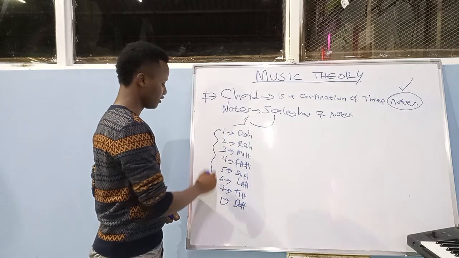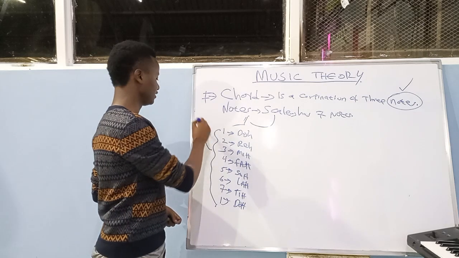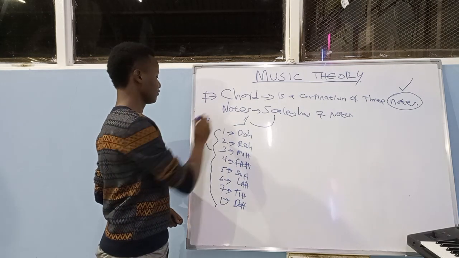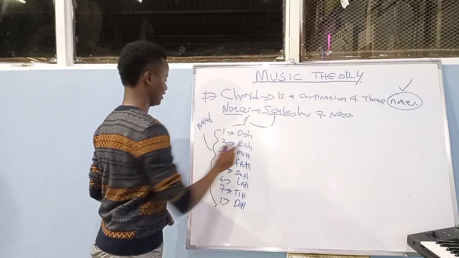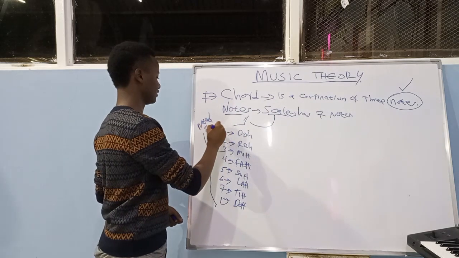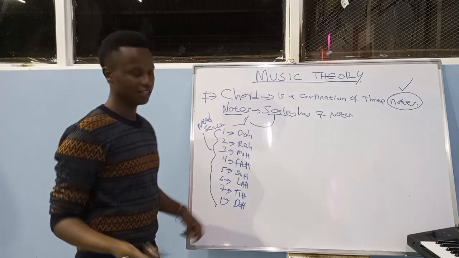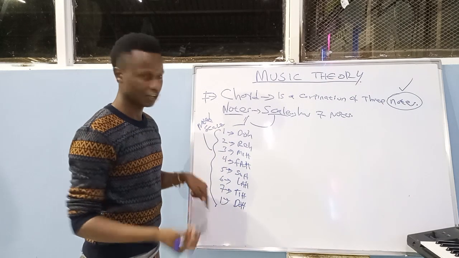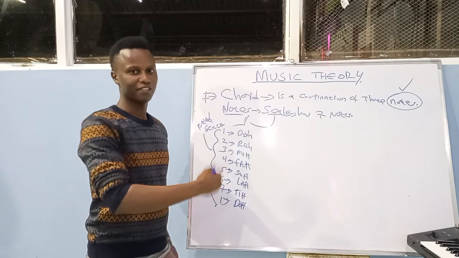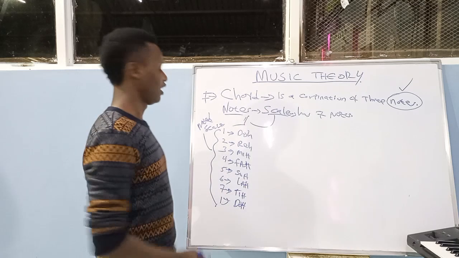So the whole of these are notes. A note is the same as a scale, so a scale has 7 notes: 1, 2, 3, 4, 5, 6, 7, 1. That is do, re, mi, fa, sol, la, ti, do.